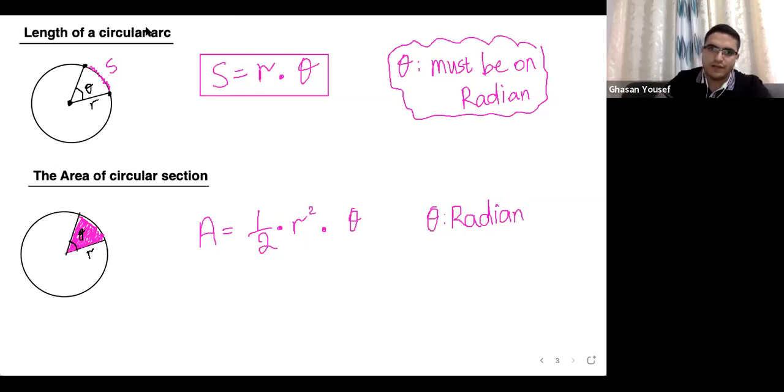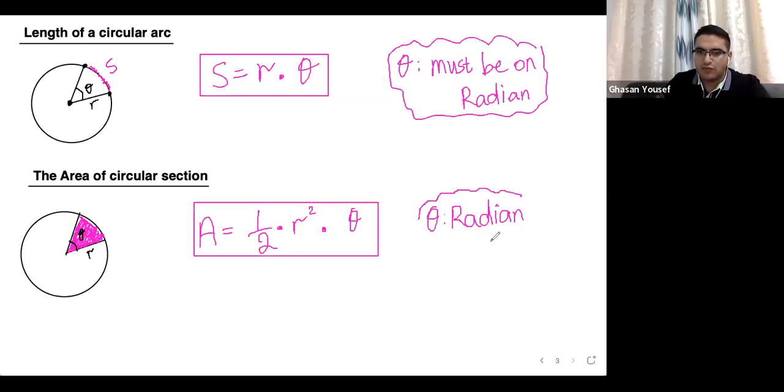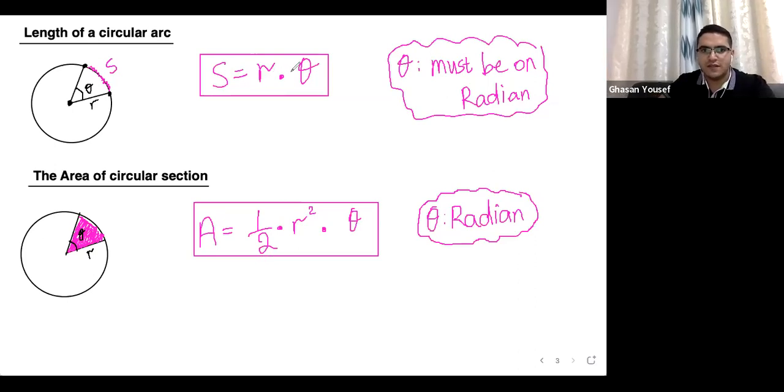If it's not in radian, we cannot do the calculation. Okay? So now we have two formulas. The first formula is S equals r times theta to find the length of the circular arc, and to find the area of the circular section, we use the formula 1/2 times r squared times theta.